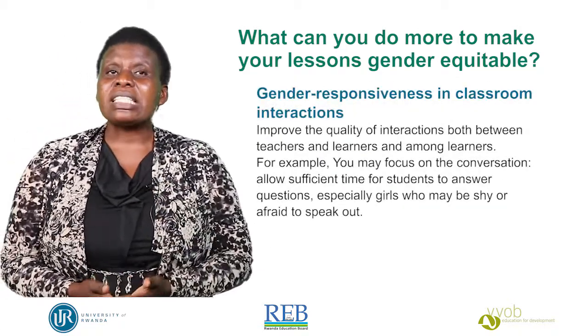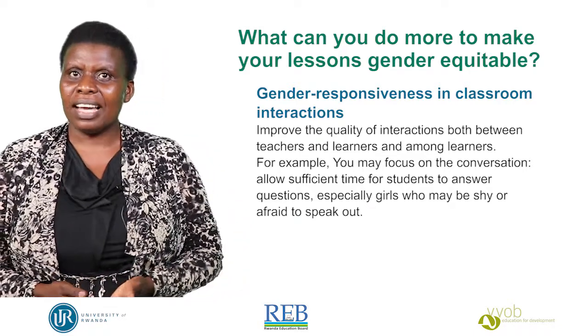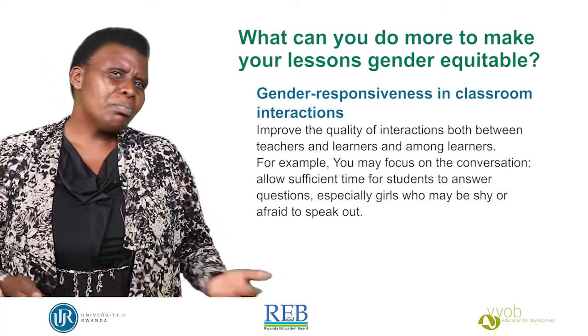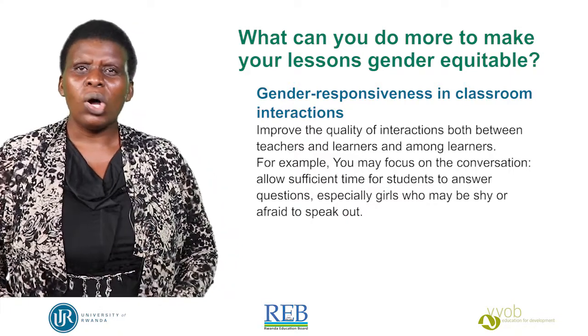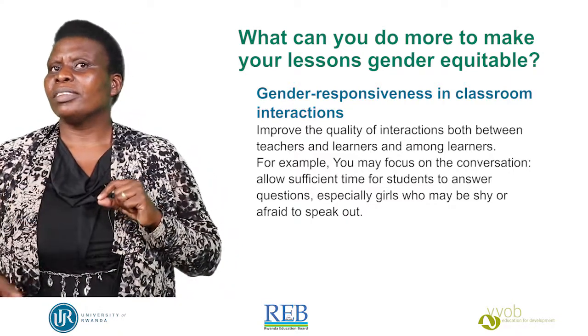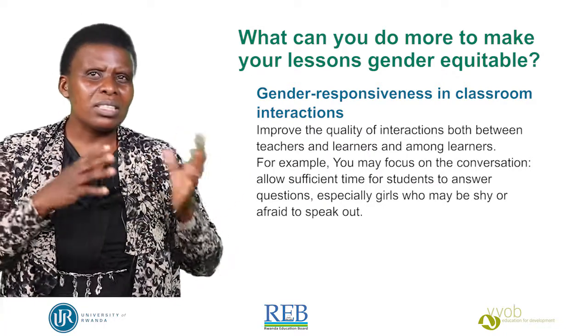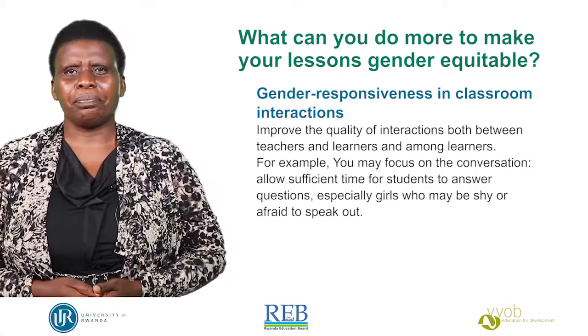The next point is related to gender responsiveness in classroom interactions. To make our STEM lessons gender responsive, we should improve the quality of interactions both between teachers and learners and among learners.